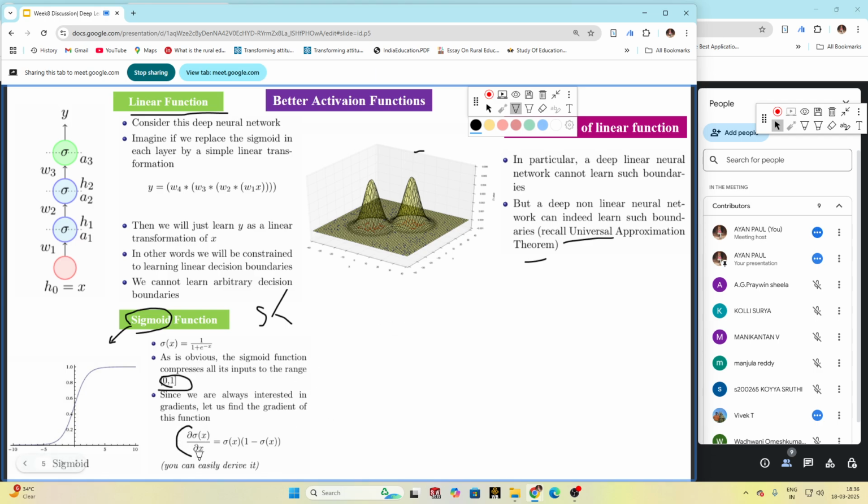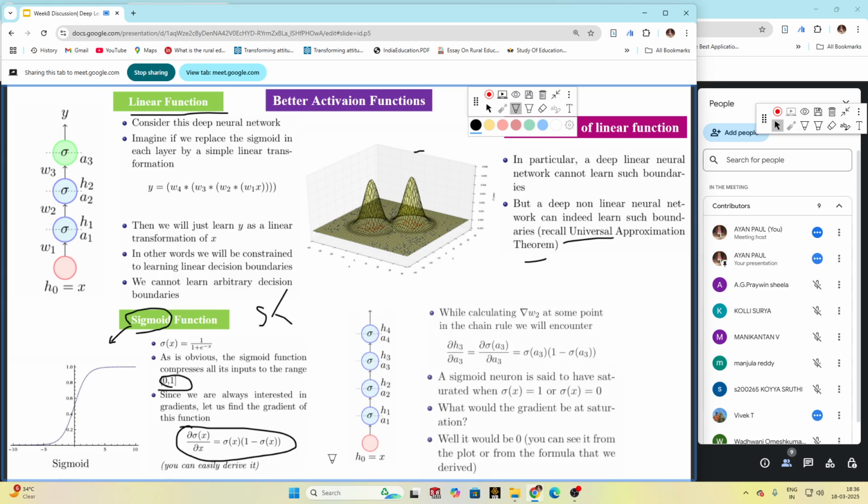So this is the derivative of the sigmoid function. The derivative is very important because whenever we are learning a neural network, we use backpropagation, and for backpropagation this derivative is important. Now, there are some limitations of this sigmoid function also.